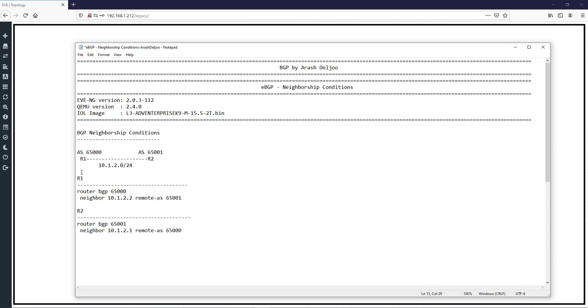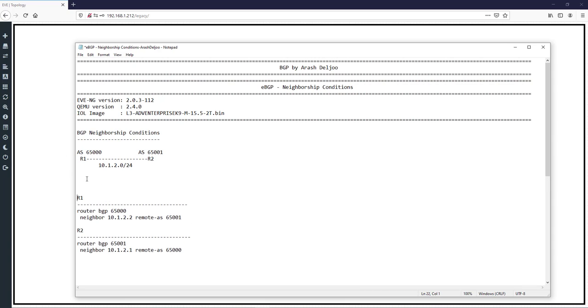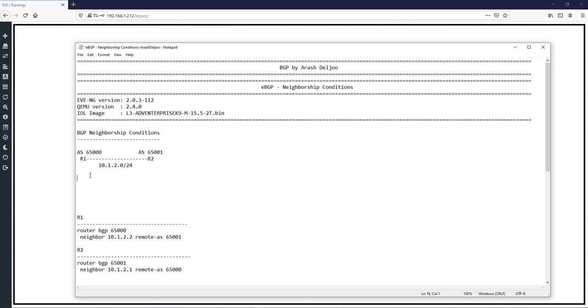Okay, very good. When you configure these commands, R1, after TCP session establishment, sends a BGP open message to R2. You saw this message before. In the open message we have some conditions that should be met so that R2 and R1 can finally be neighbors.